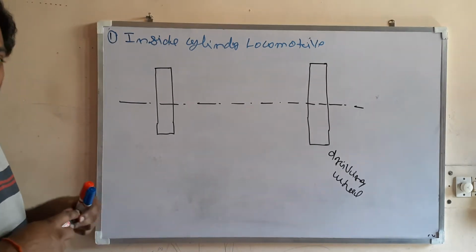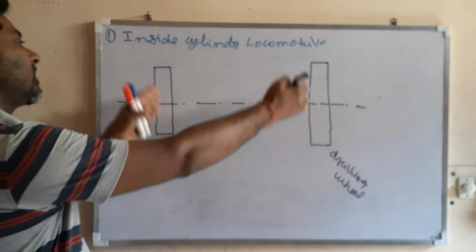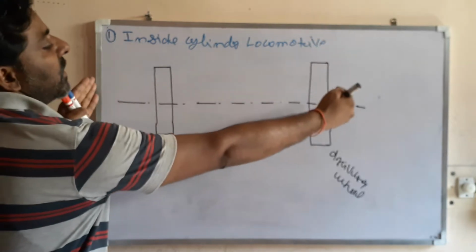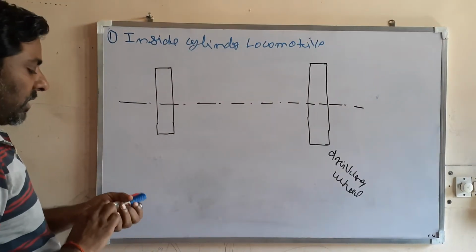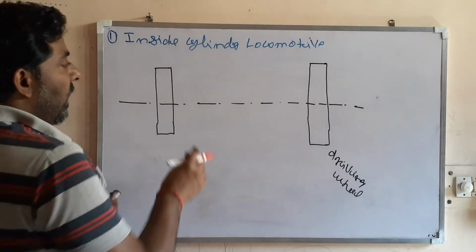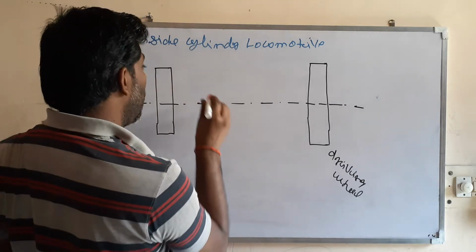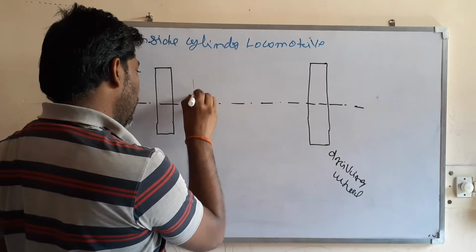The cylinders are placed either inside the wheel or outside the wheel. So this is what an inside cylinder locomotive is. The cylinders are placed inside the driving wheel.